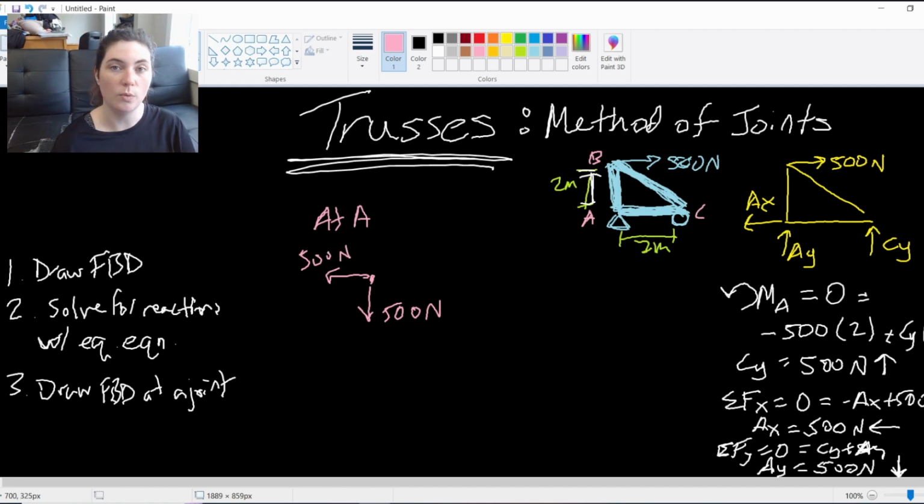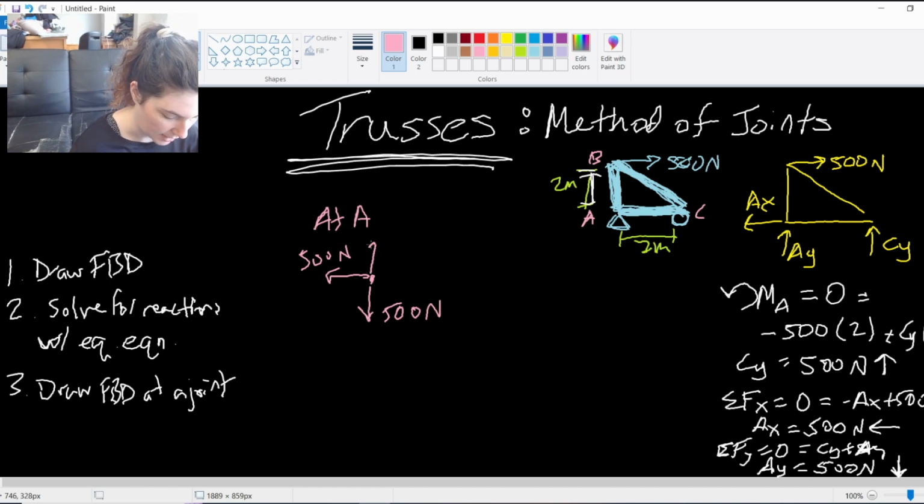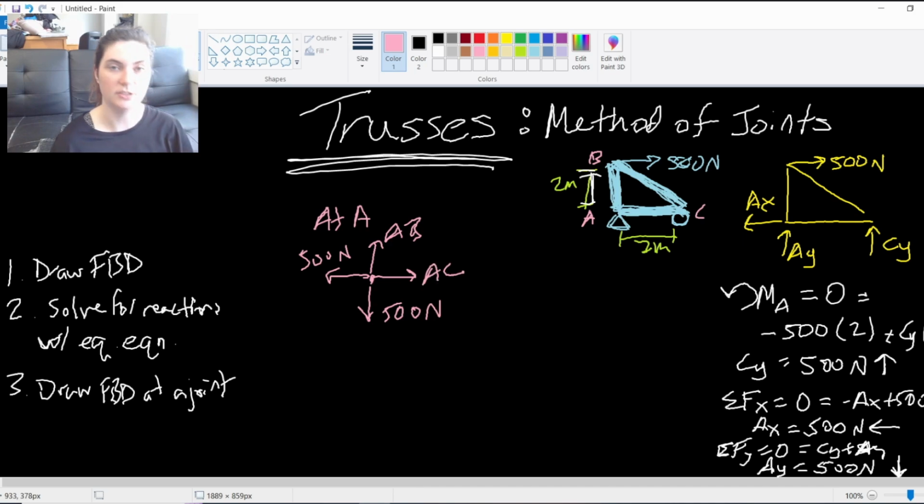But now we're going to include these member forces, which I'm going to label as AB and AC. So AB being the force through member AB, that's the force through this member on the left side, and then member AC is the bottom member here. It's the force through that member. These arrows pointing away from the joint indicate that it is in tension.